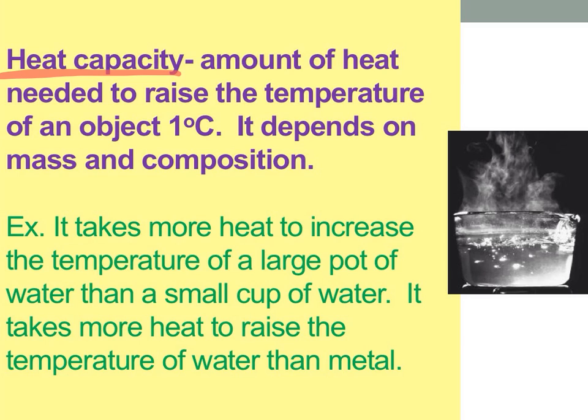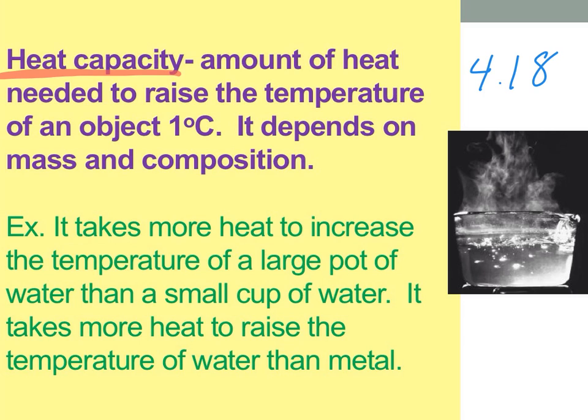Well, it's similar, except heat capacity deals with any object, and it also depends on the mass and composition, so like the density of the object. Water has a high specific heat. Water has a specific heat value of 4.18 joules per gram Celsius, and we'll look at that in more examples later.